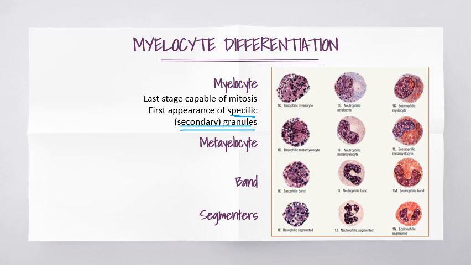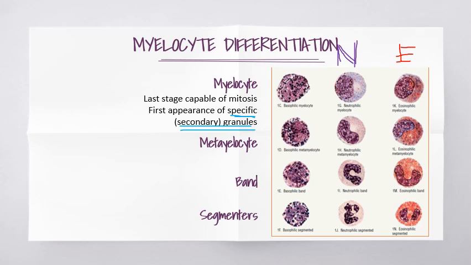Let's talk about first eosinophil. The neutrophilic lineage actually produces fine pinkish granules in the cytoplasm, while the eosinophil actually produces large, coarse, orange to red granules.